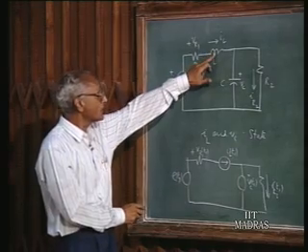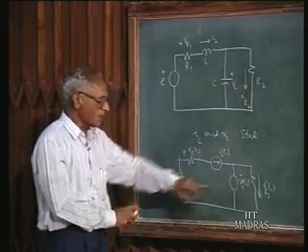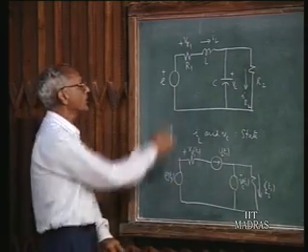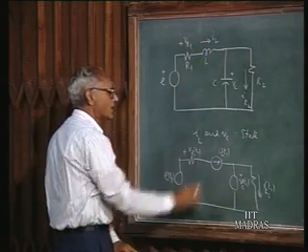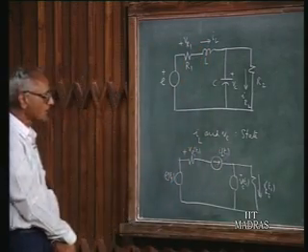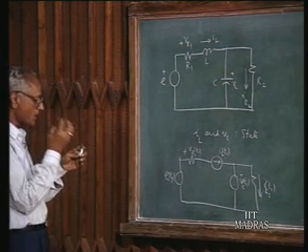And this replacement of inductor by a current source and the capacitor by a voltage source, as you know, is permitted by the substitution theorem. After all, whether you have an inductor carrying a current IL or a current source having strength IL, the circuit behavior is the same.